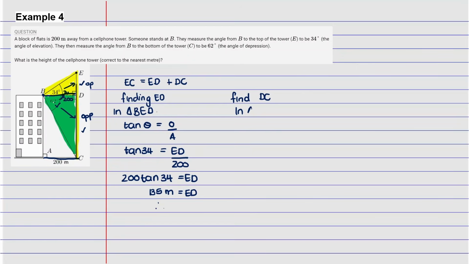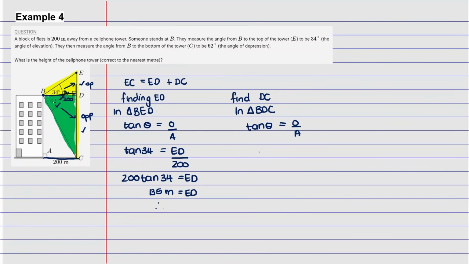So in triangle BDC, we're still looking for tan. Tan theta is equal to opposite over adjacent.